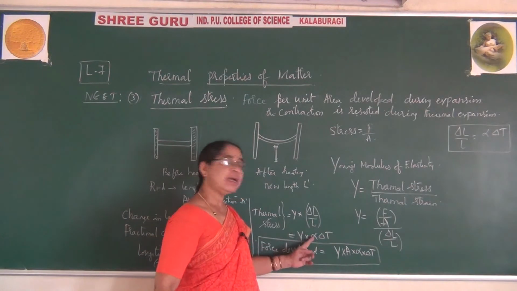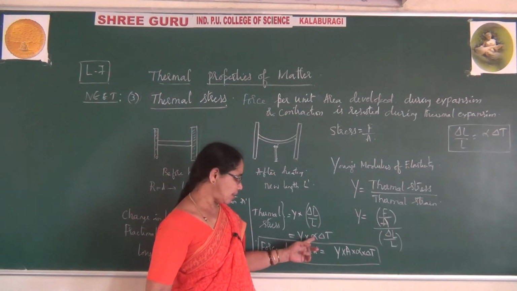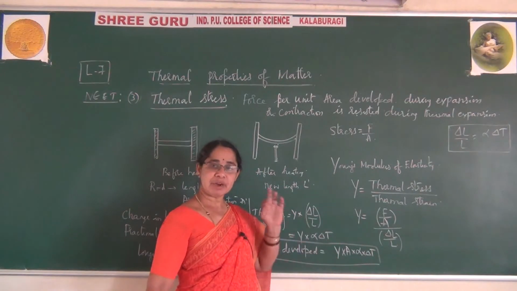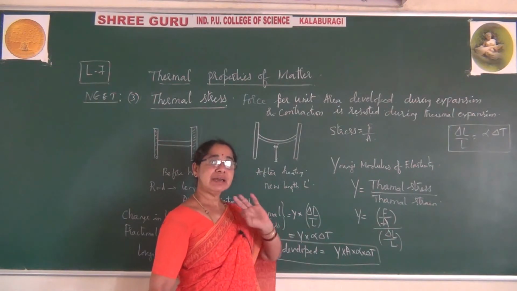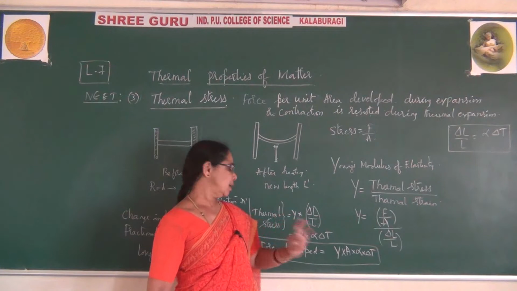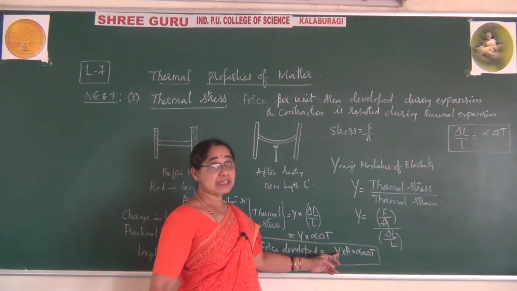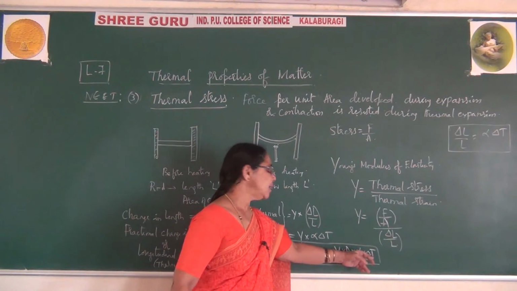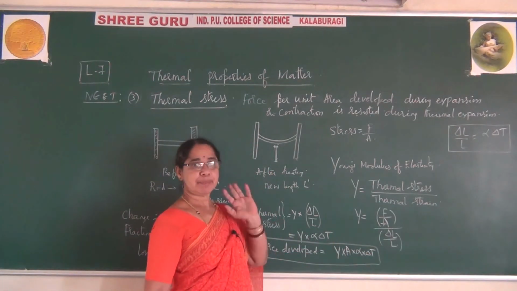Alpha is nothing but the coefficient of linear expansion. What is Y? Young's modulus of elasticity, for solids, where different materials will have different Young's modulus of elasticity. What is delta T? Delta T is the rise in temperature.